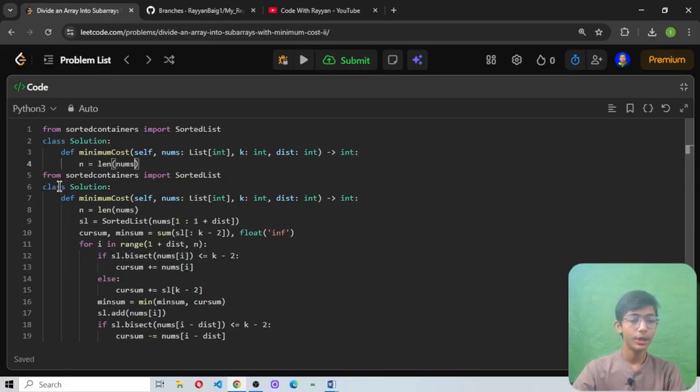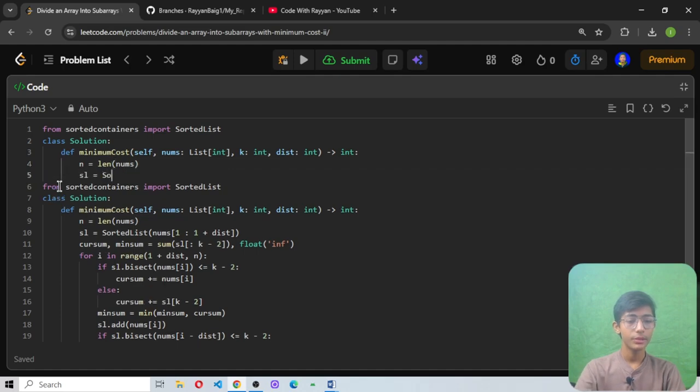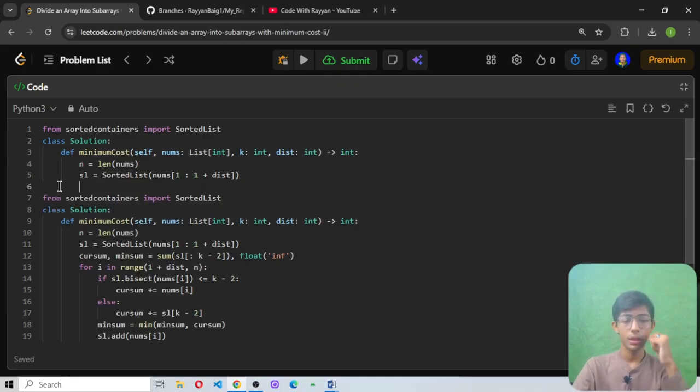We find the length of our nums. sl equals SortedList(nums[1 : 1 + dist + 1]). Then curSum, minSum equals sum of sl[:k - 2], then float inf.